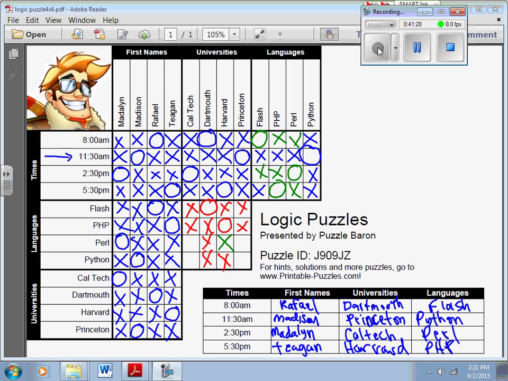And then, let's see, we did Madison, Tegan was 5:30, and he went to Harvard, and he did PHP. We did Raphael already, right? Raphael did Flash, yes.